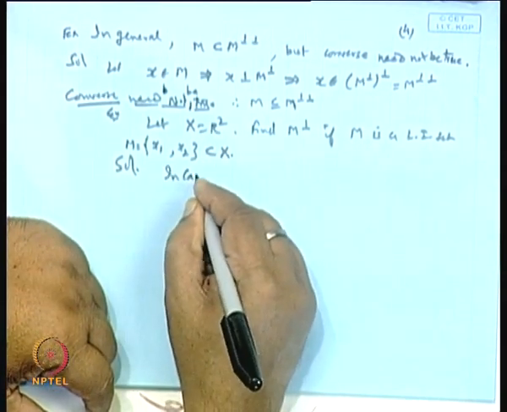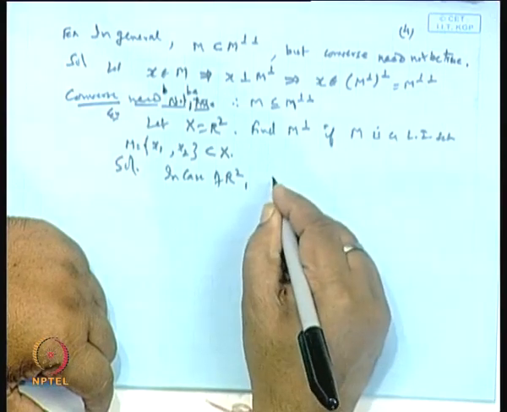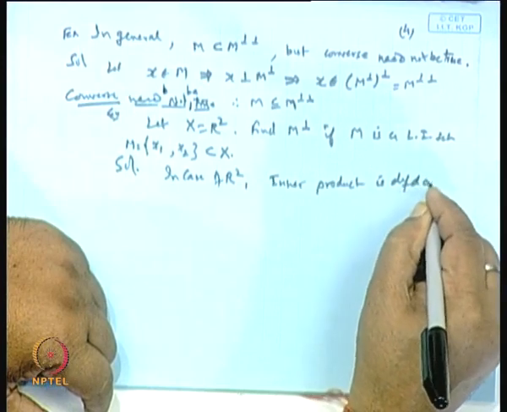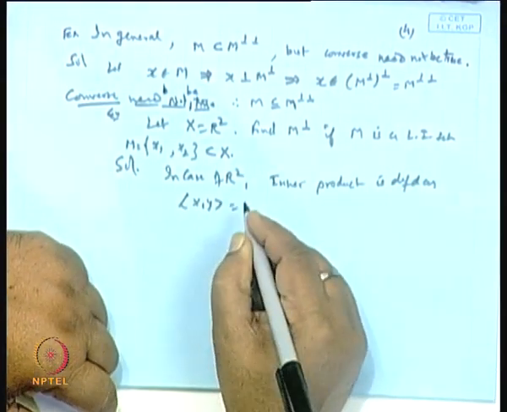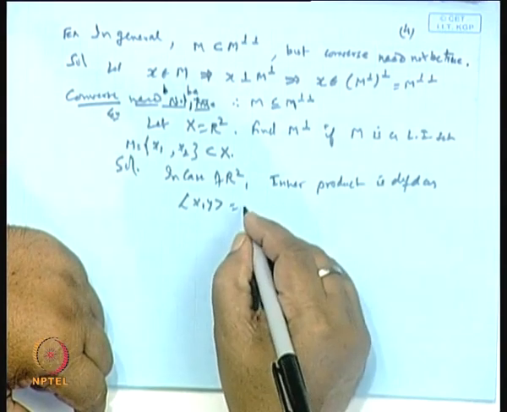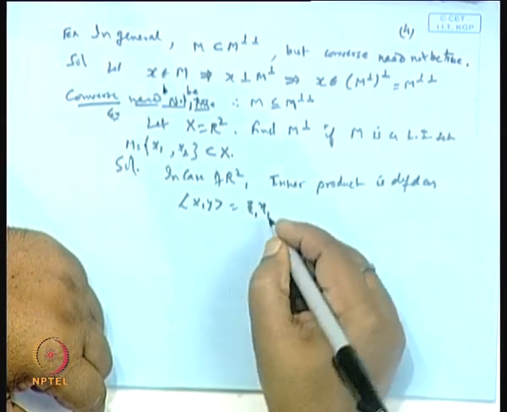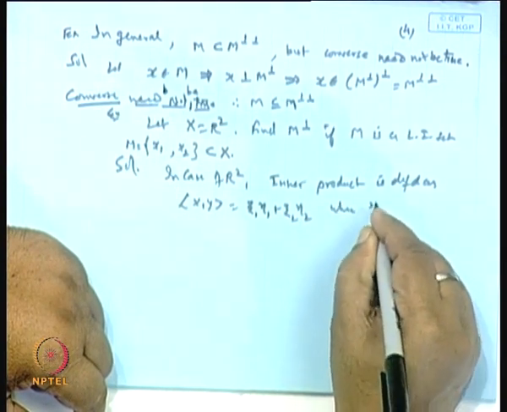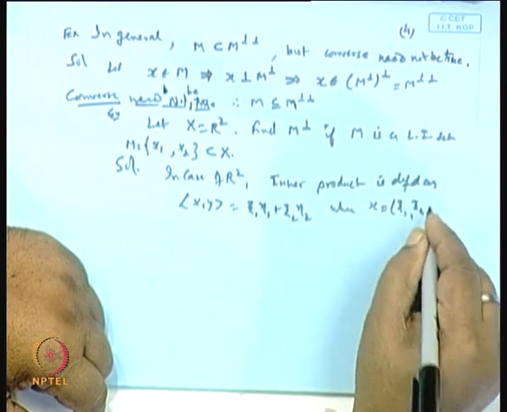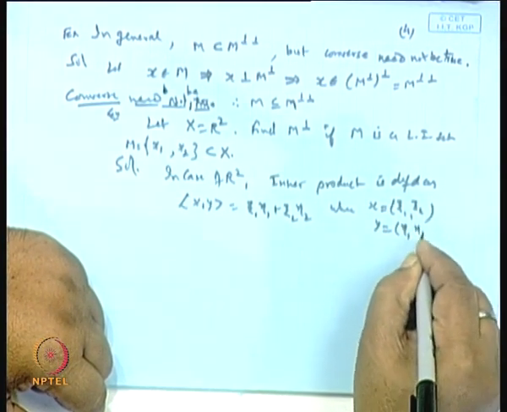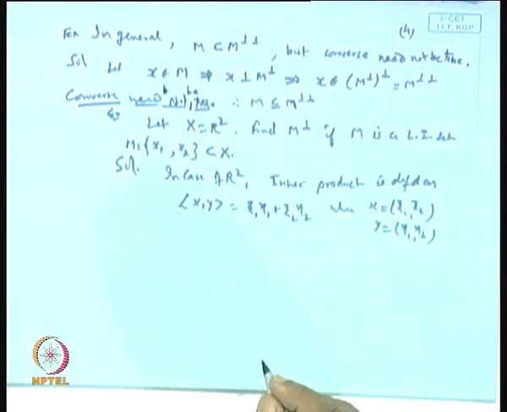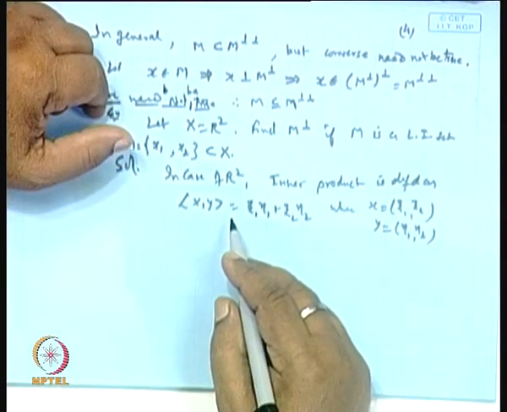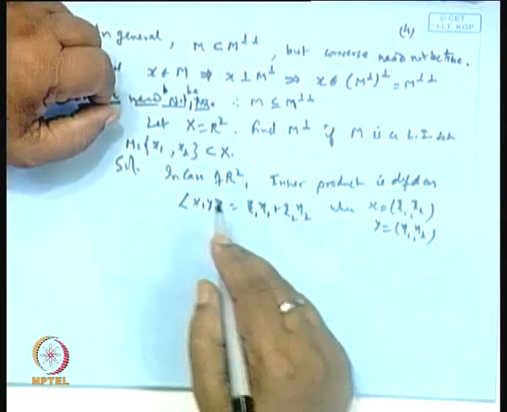In case of R2, the inner product is defined as the inner product of x, y is xi1 eta1 plus xi2 eta2, where x is (xi1, xi2), y is (eta1, eta2). So, x is this point x1, x2, this is the set M.